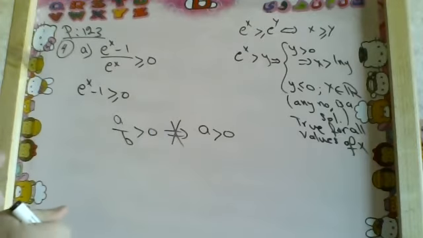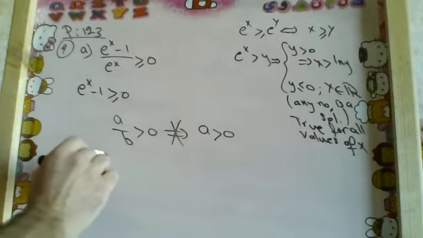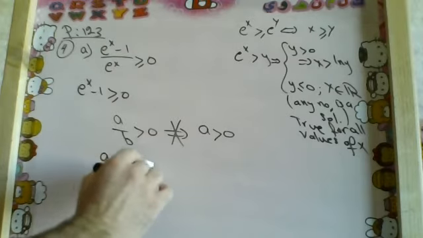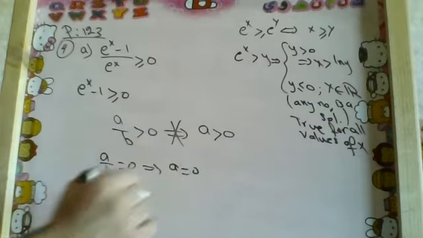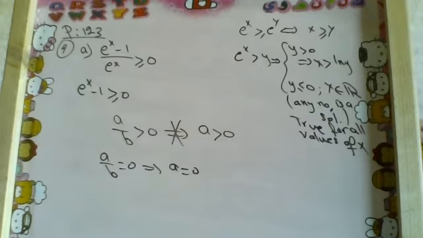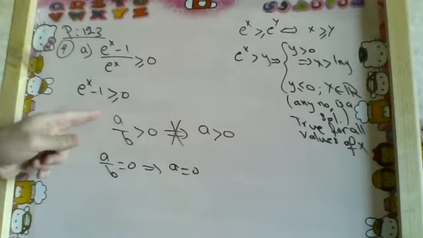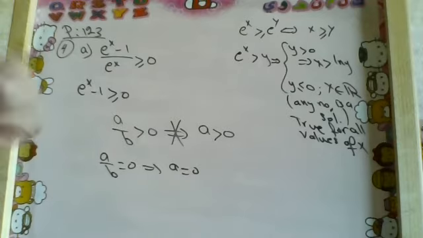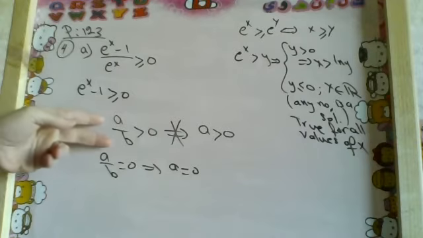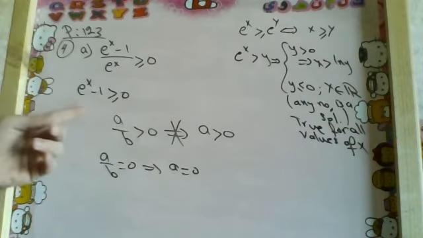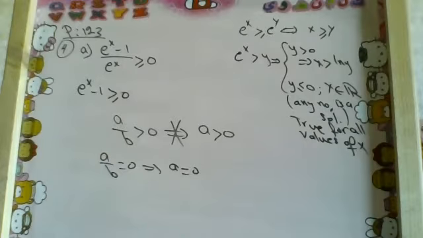It's not like equations. For an equation a over b equals 0, then for sure the numerator is 0. But here you're saying the ratio is positive. The ratio of two numbers is positive, which could be with both numbers negative. Negative divided by negative will be positive.